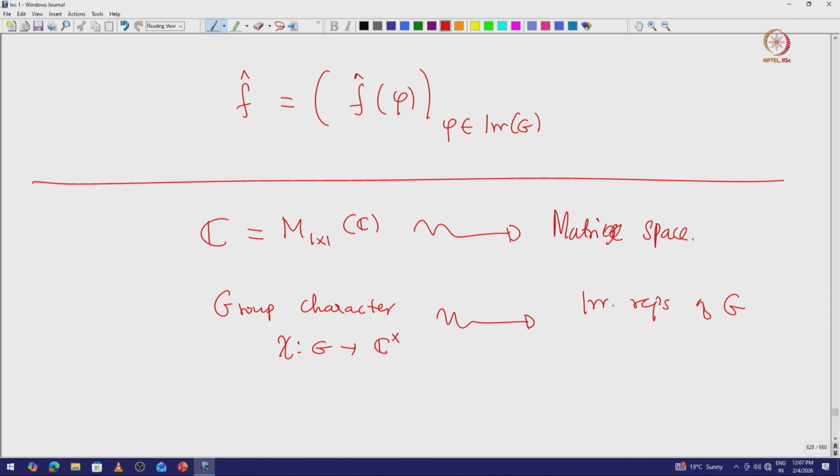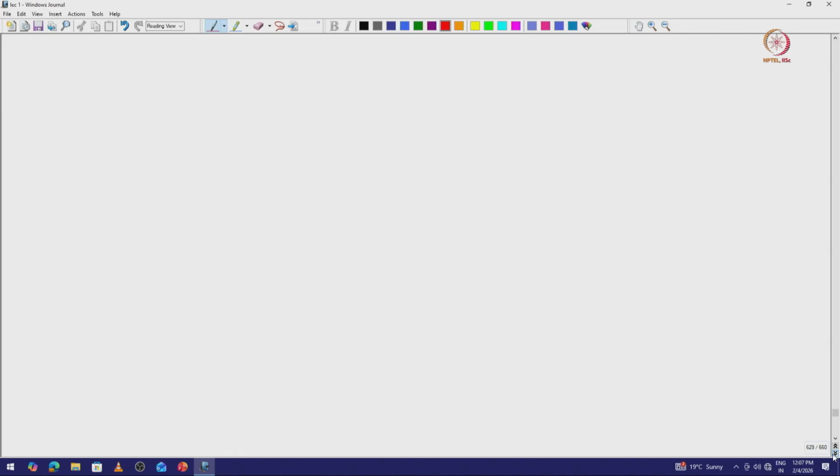Okay. So, this is the generalization that you go from a finite abelian group to the general finite group. Okay. So, let us actually fix some notations and then do this very precisely.